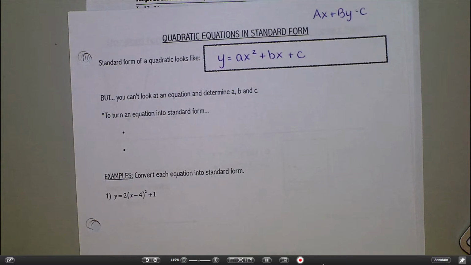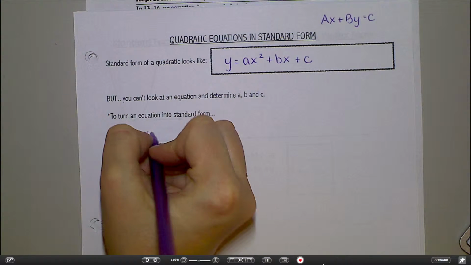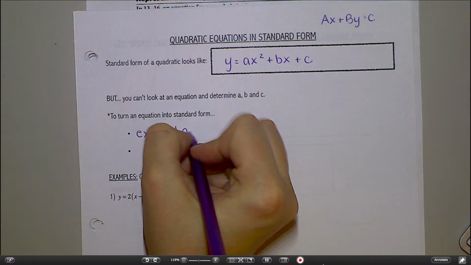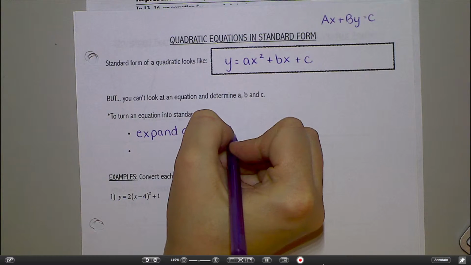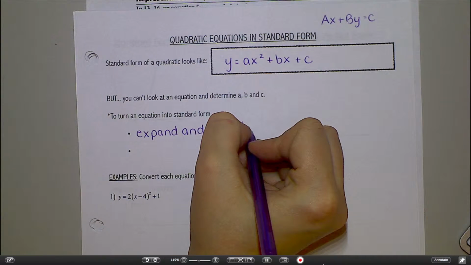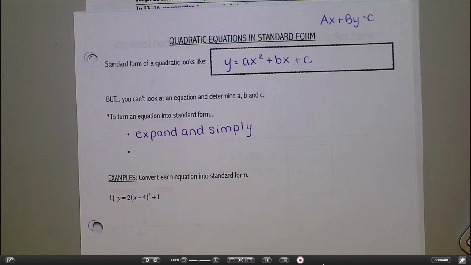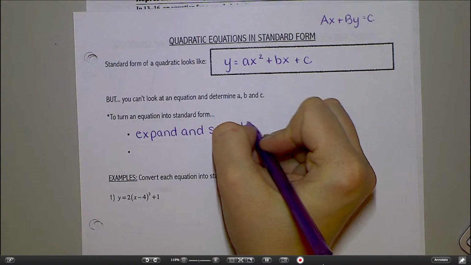To turn an equation into standard form, you need to expand and simplify anything you can. Because notice, standard form doesn't have parentheses, it doesn't have things on both sides, doesn't have anything like that. Oh, and that's supposed to be simplify.